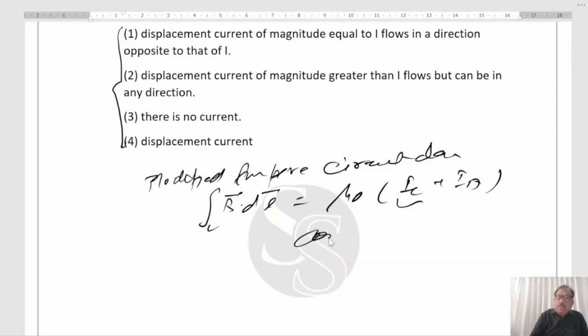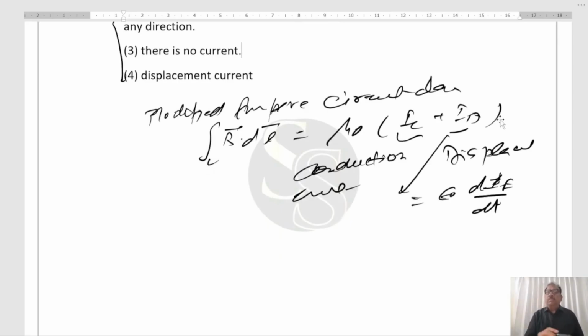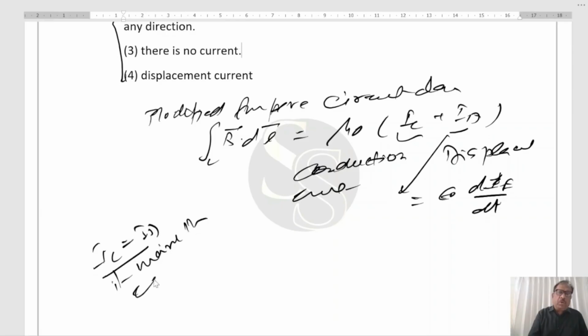This is the conduction current, and this is the displacement current, which is given by epsilon naught d phi E by dt. It means that between the gaps, whenever it is in the charging state, the electric field will be changing and displacement current will be there, and IC is equal to ID, and it maintains the continuity.